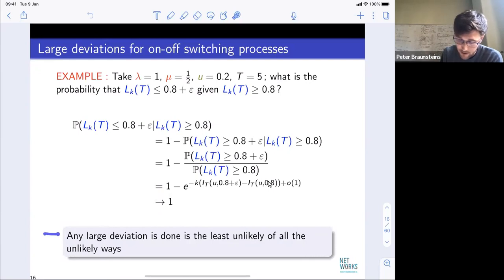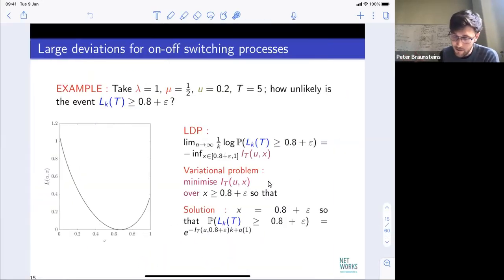That gives us a general rule: any large deviation is done in the least unlikely of all the unlikely ways. Our variational problem gives us the decay rate of this probability, but it also tells us how the large deviation occurs if it occurs. In particular, given the rare event occurs, the edge density in this case, with arbitrarily high probability, will be close to the solution of the variational problem.